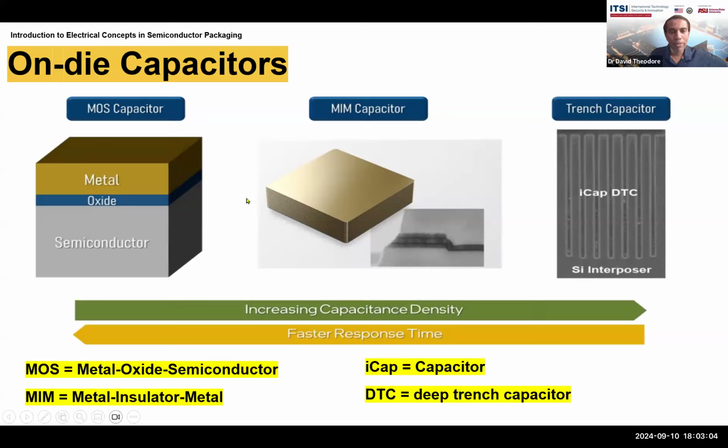Next, we have a MIM capacitor, which historically stood for metal insulator metal capacitor. It's difficult to see here, but there's a metal plate and then a thin oxide, or an insulator, then a metal plate, then an insulator. This is a cross section. It looks like a cross section transmission electron micrograph, where you're taking one of these capacitors, making a very thin cross section and sending electrons through it to get the image.